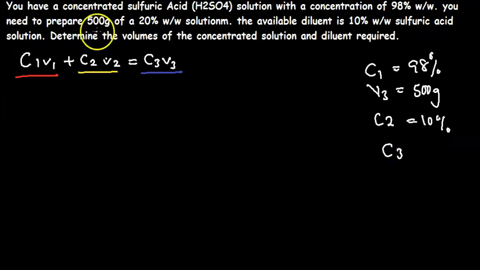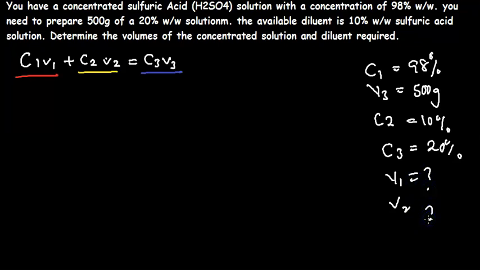C3, they said prepare 500 grams of 20% weight by weight solution. This is simply going to be C3, which is 20%. If you notice in this problem, we have C1, C2, and C3, including V3. But we don't have V1 and V2. They are lost.